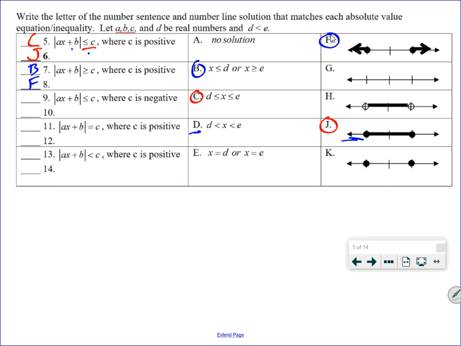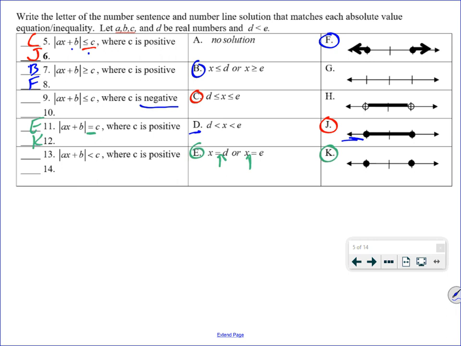This next, let's skip down one. This one here is whenever we get an equal sign, it's going to be an equal sign here, and we're going to end up with just dots, like we've already looked at. So here we have when absolute value is less than c, and it's negative, right?